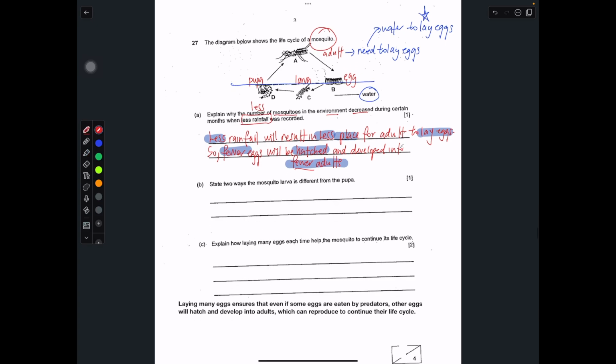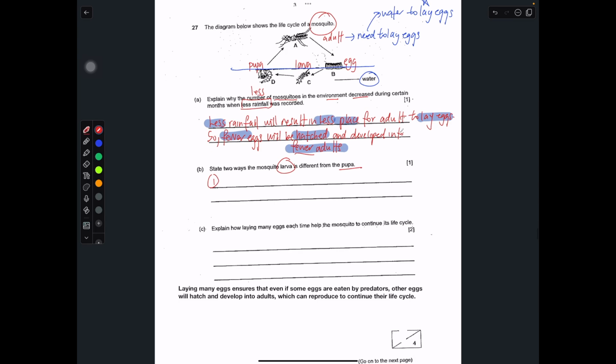State 2 ways in which mosquito larva is different from pupa. Number 1, the mosquito larva will eat a lot, while the pupa does not.